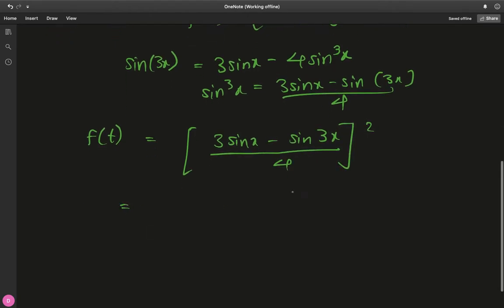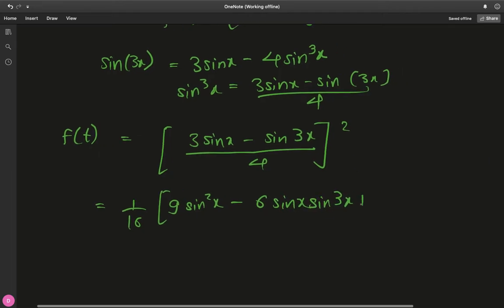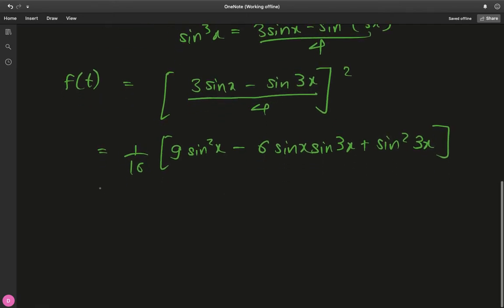We can take the 1 over 4, the whole thing squared, outside as 1 over 16 times, applying the expansion formula of this polynomial, 9 sine squared x minus 6 (3 times 2 is 6) sine x times sine of 3x plus sine squared 3x.